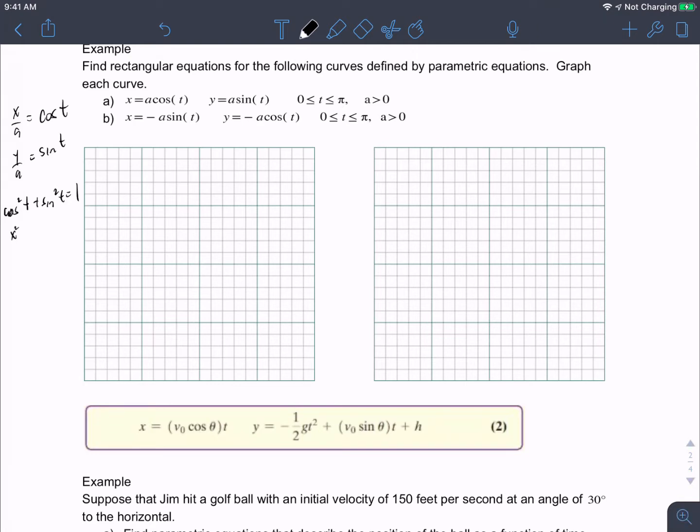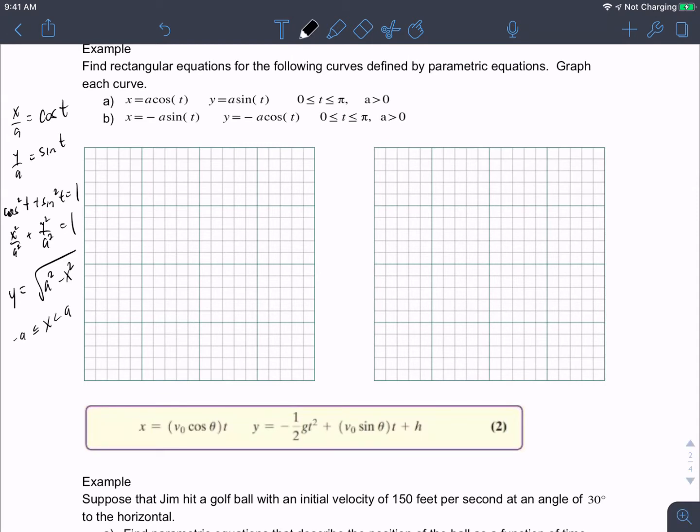So I get x squared over a squared plus y squared over a squared is equal to 1. Since a is greater than 0, I can say y is equal to the root of a squared minus x squared, and x falls within negative a to a.